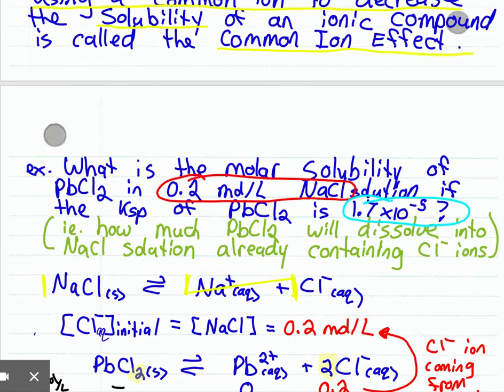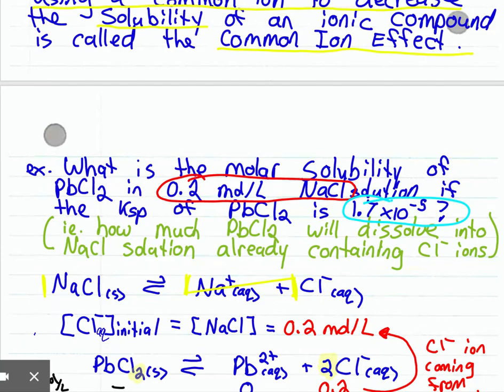So what this means is that we are already in a solution containing chloride ions. It has 0.2 mole per liter sodium chloride. When that dissociates, one sodium chloride gives us one chloride ion. So the initial chloride ion concentration is going to equal the concentration of our sodium chloride, and that is 0.2 mole per liter.